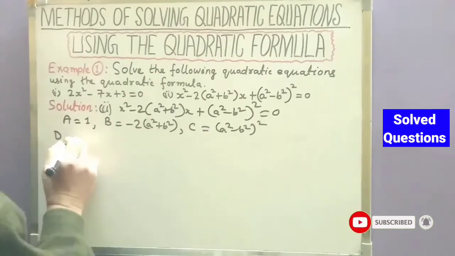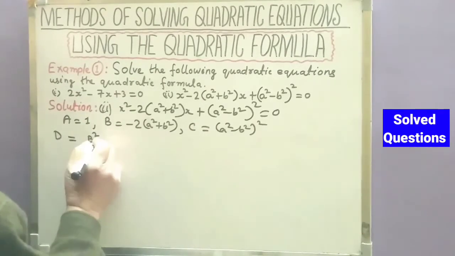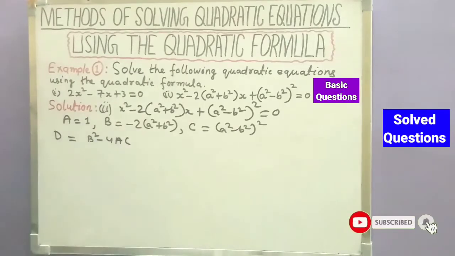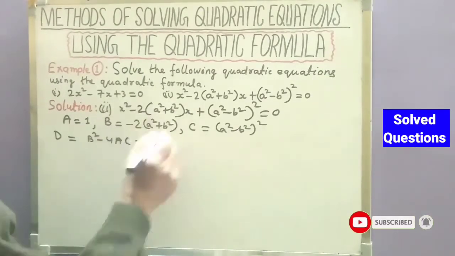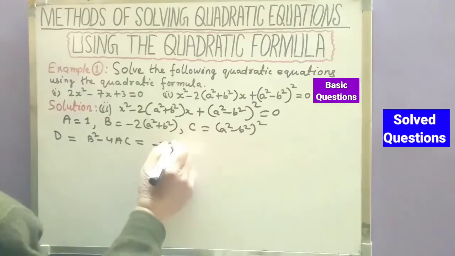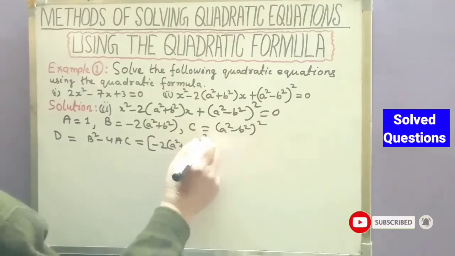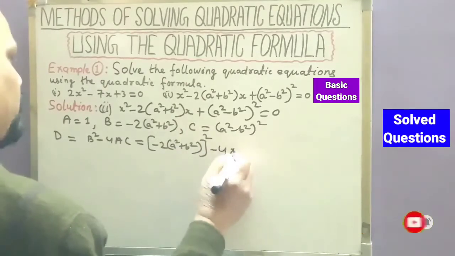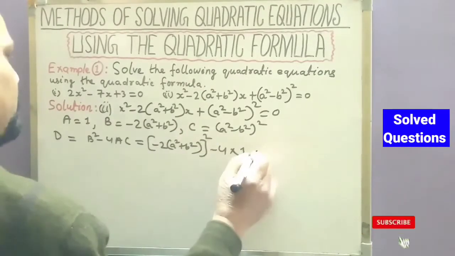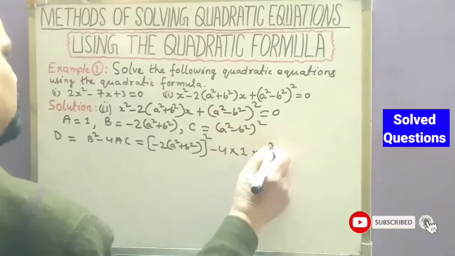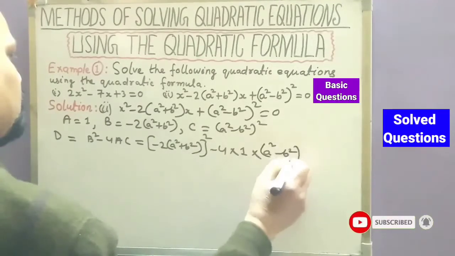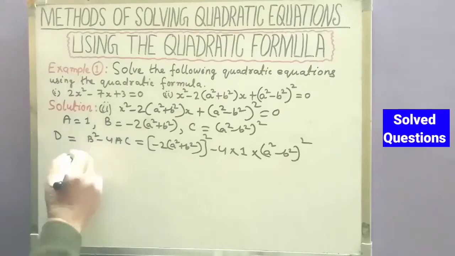Now, discriminant D = b² − 4ac, that equals (−2(a² + b²))² − 4 × 1 × (a² − b²)².